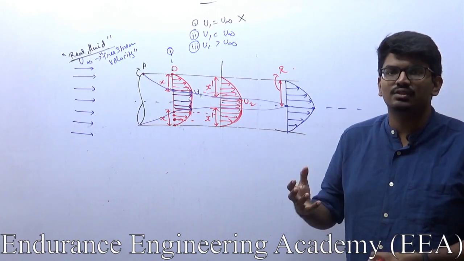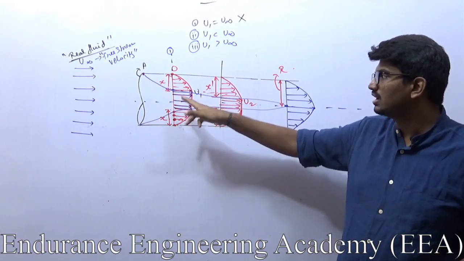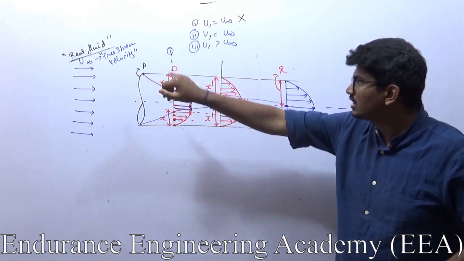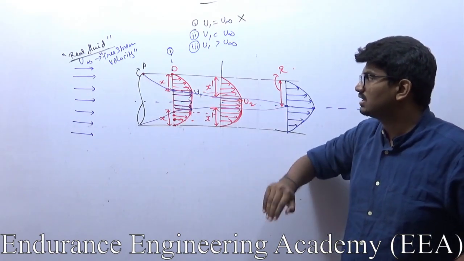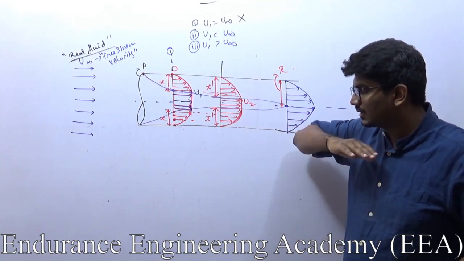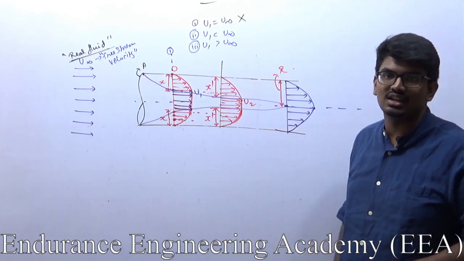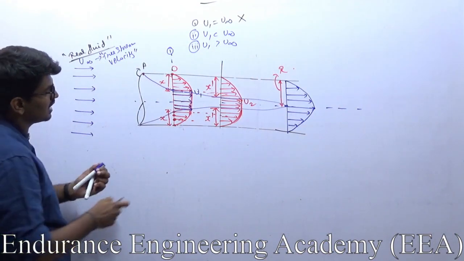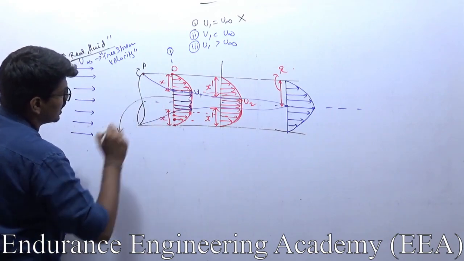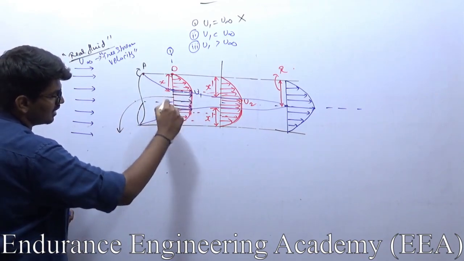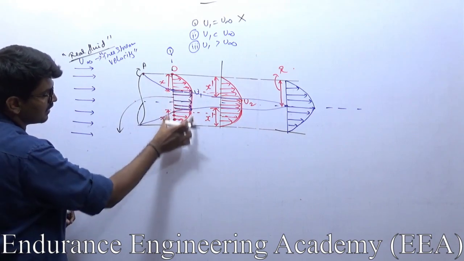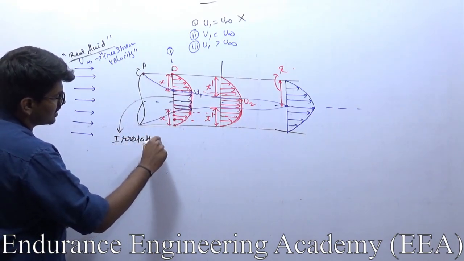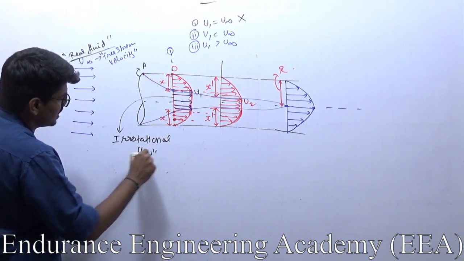What does it actually mean? Ideal fluid flow means there is no viscous effect, right? Here there is no viscous effect between the layers. So even though it is a real fluid, the flow between the layers is such that there is no viscous effect, which means it is behaving like an ideal fluid flow. So I can say that it is irrotational flow. Why is it irrotational flow? Just think about it properly.